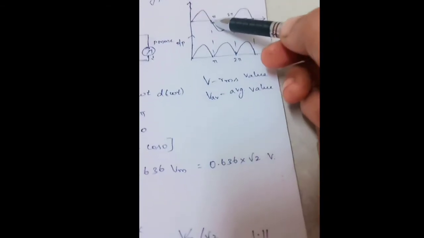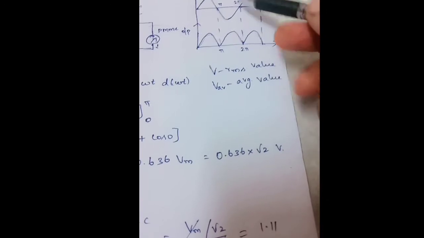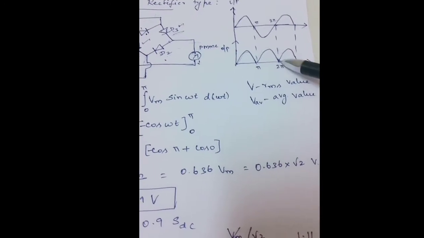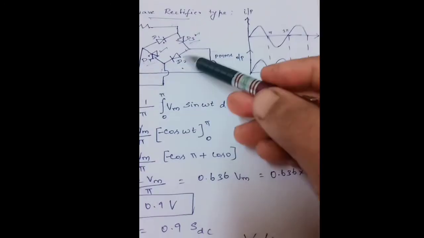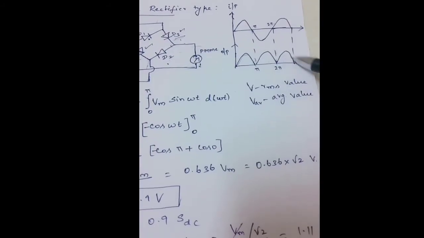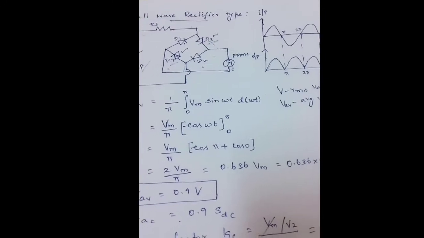For the positive half cycle, D3 and D4 conduct, so we have the output here, and for the negative half cycle, D1 and D2 conduct, so we have the output over here. Similarly for the next positive half cycle, D3 and D4 conduct again. That is the operation of a full wave rectifier circuit.